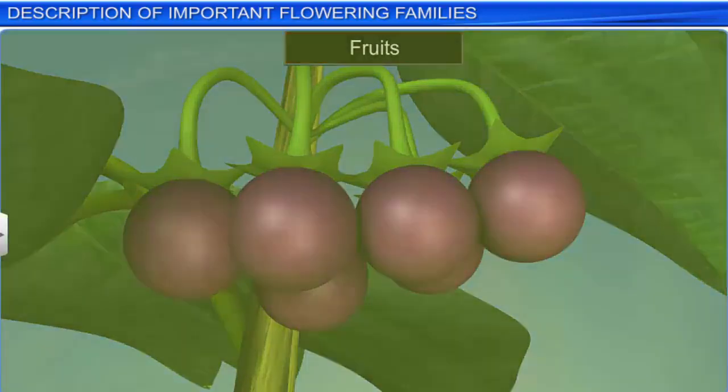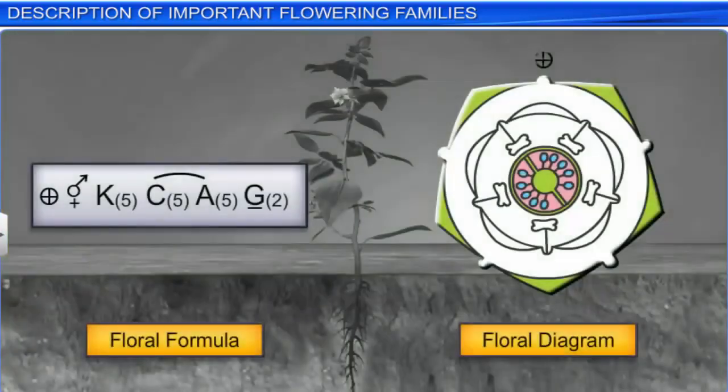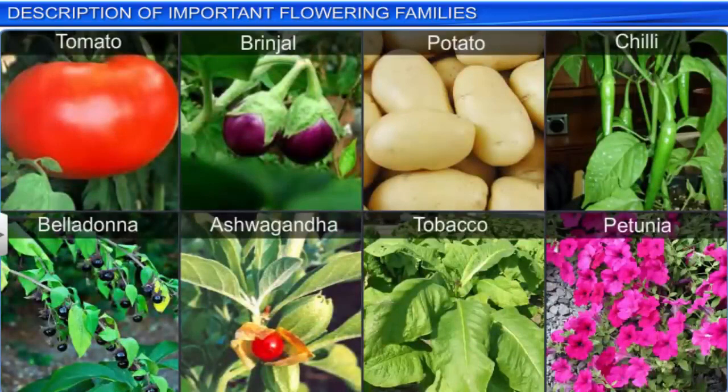The floral formula and the floral diagram of the Solanaceae family are as shown. Many plants like tomato, brinjal and potato belonging to the Solanaceae family are used as food. Chili is used as a spice, and belladonna and ashwagandha are used as medicines. Tobacco has fumigatory properties, and petunia is an ornamental plant.